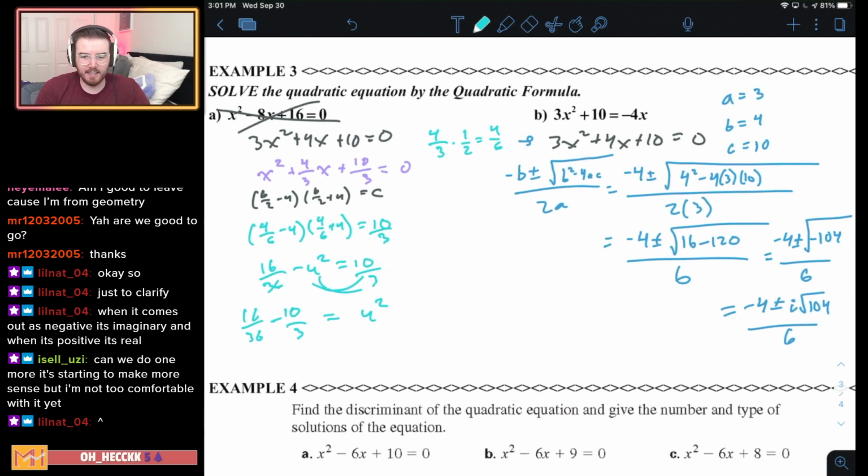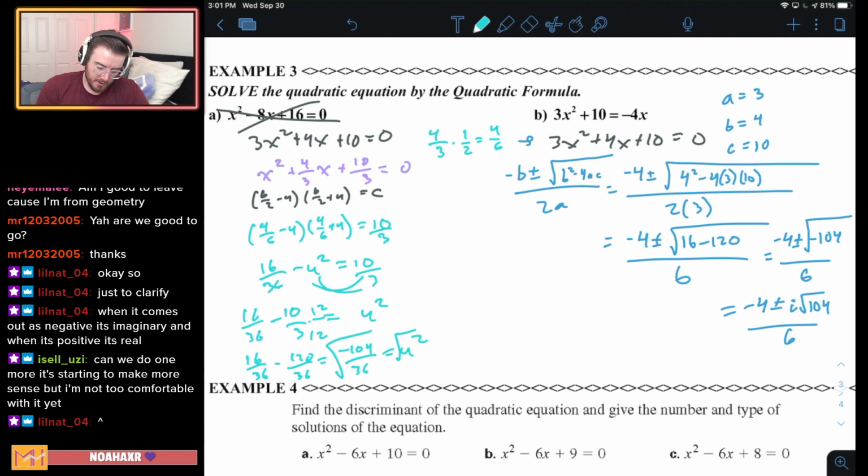Yeah, I can already see that most kids are not gonna want to use this method. But like I said, I gotta finish it out. I multiply by 12 because 3 times 12 is 36. Now I have a common denominator. So 16 over 36 minus 120 over 36 equals negative 104 over 36 equals u squared.